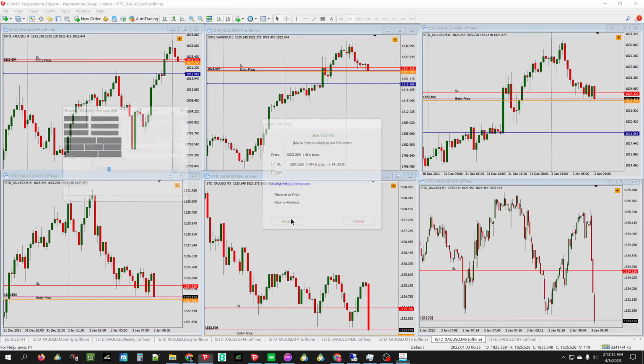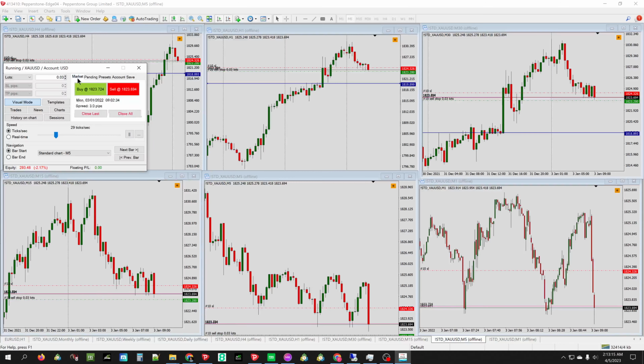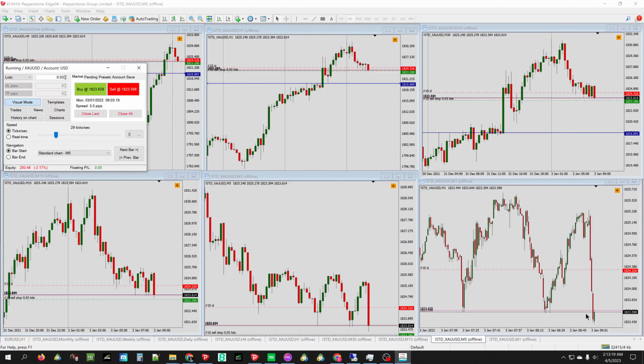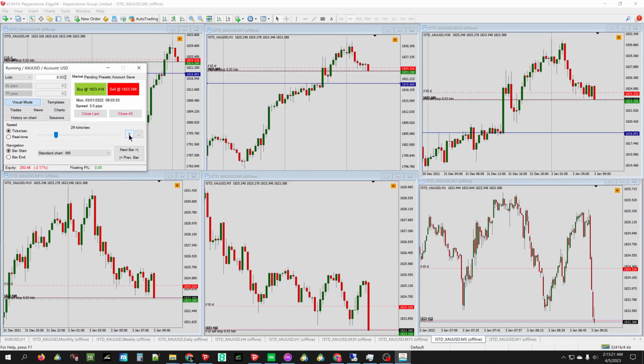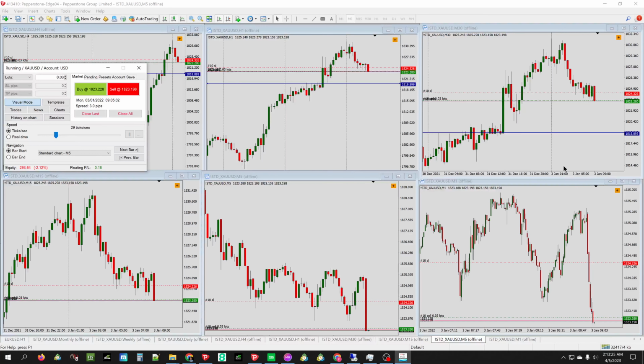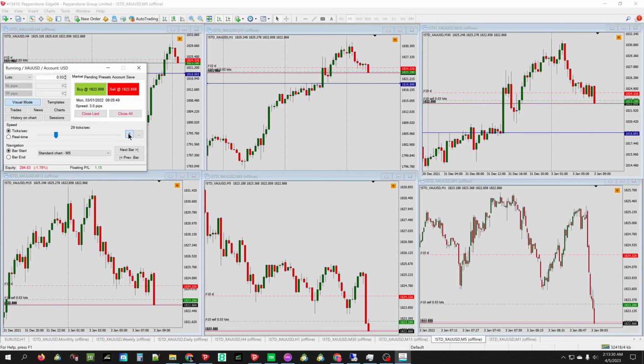Placing a stop loss of 10 pips, I am anticipating, just by looking at M1 time frame volume, that we can continue pushing down.